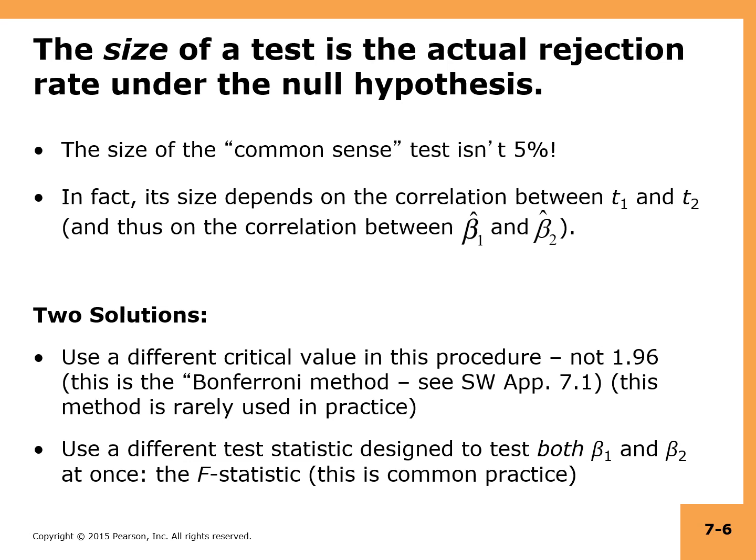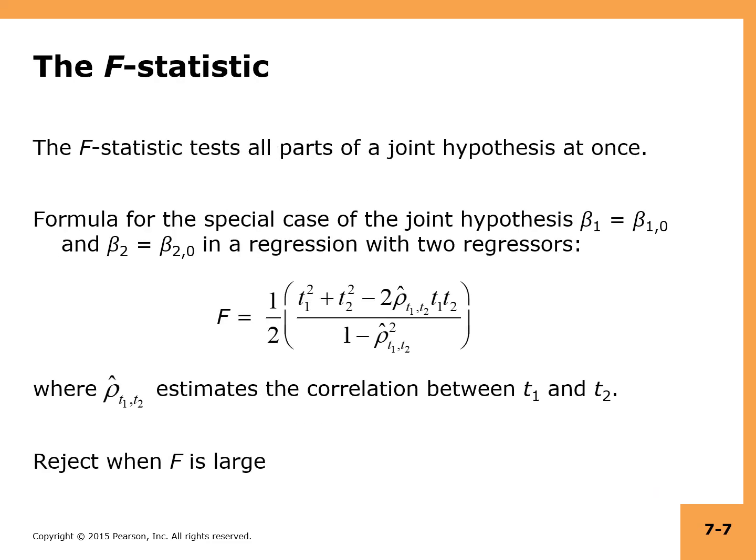The second approach is to test both beta 1 and beta 2 at the same time using a different test statistic, in this case the F statistic. Here's the formula for calculating the F statistic, which includes the test statistic for the first coefficient, the test statistic for the second coefficient, and the correlation between the two test statistics.